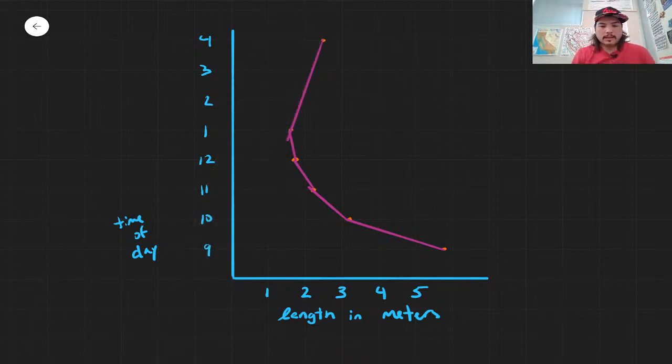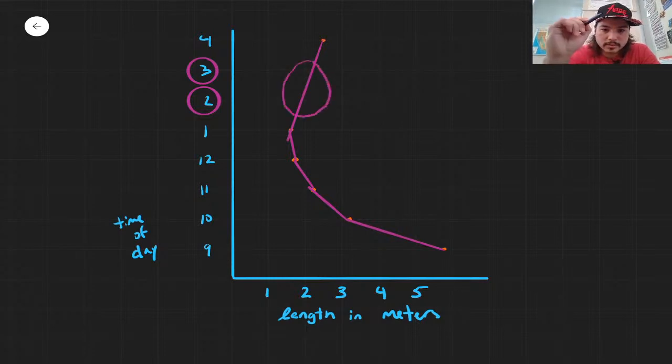So this allows us to see, if I were to go out, and I think I will because I have the time this afternoon, and it's a nice sunny day, and take measurements at 2 o'clock and at 3 o'clock, I can predict, based on this data, that the lengths of these shadows are going to be somewhere in this region of space. So somewhere around 2 meters.